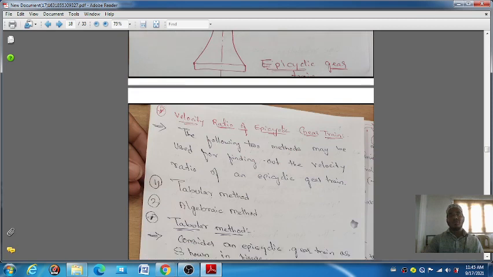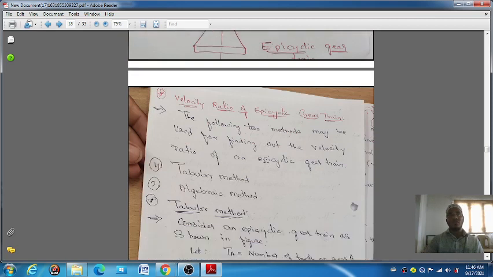So in the epicyclic gear train, first we have to know the velocity. The question will be asking you to find out the velocity ratio of the epicyclic gear train. We have two different methods, the tabular method and the algebraic method, but the question will not ask for the algebraic method. If the question asks you to find it by the algebraic method, then only you have to do that.